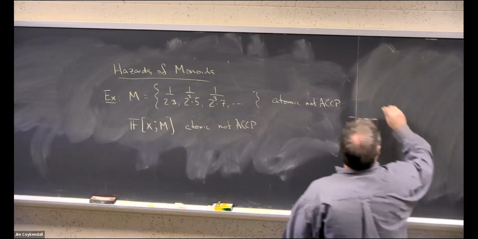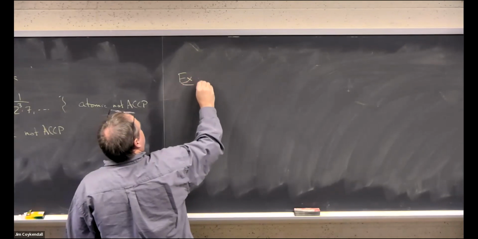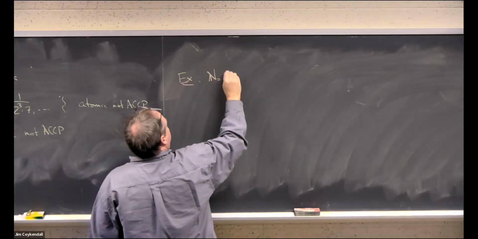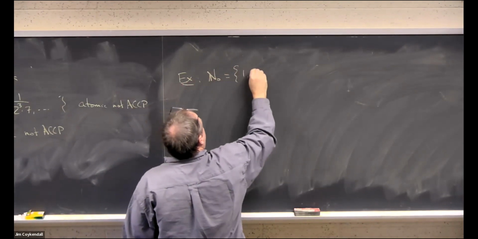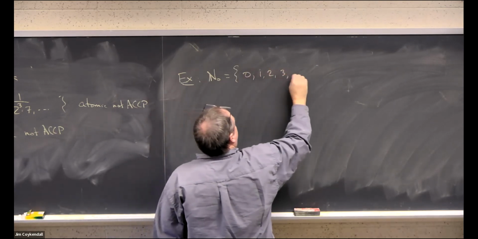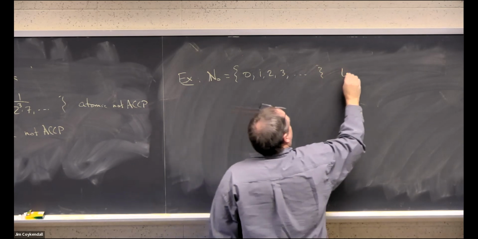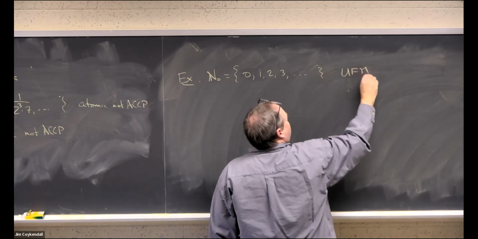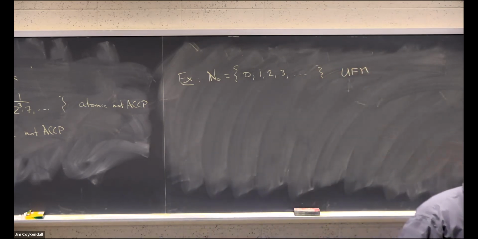So for example, this is a unique factorization monoid. There is one irreducible element here, one, right? And everything is uniquely a sum of ones, right? 10 is 10 ones and so forth, and so on.